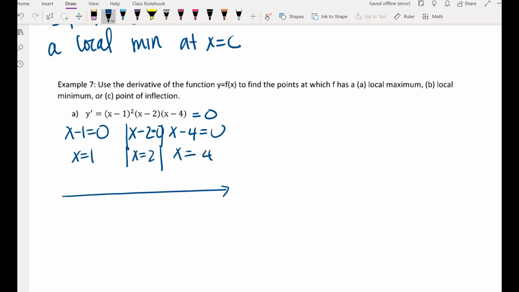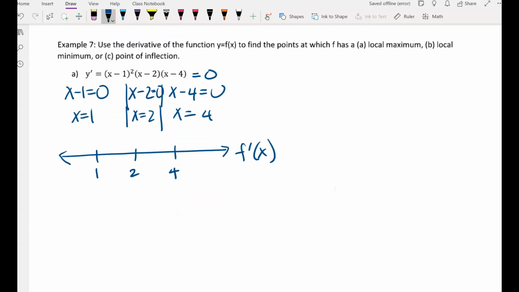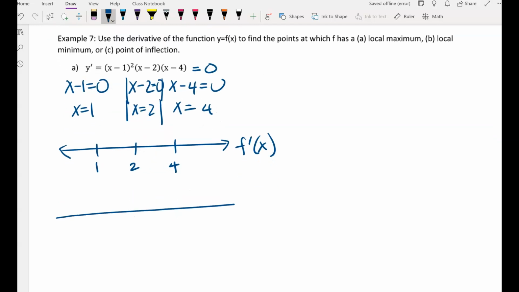I'm going to make 2 number lines. The first one is for first derivative, 1, 2, and 4, not to scale whatsoever. I'm also going to make a number line, students, for second derivative. All right. Now, we can right now go and find local min and local max with first derivative.